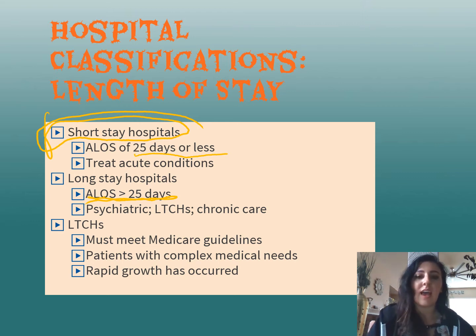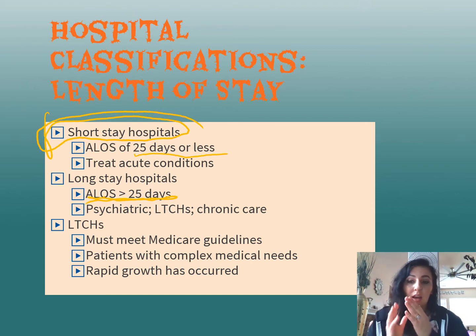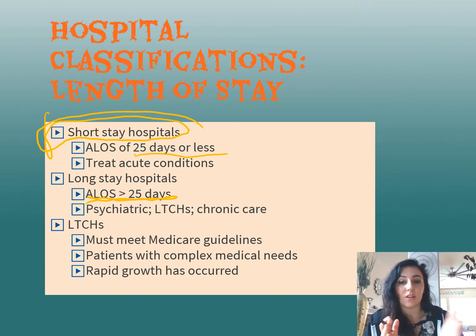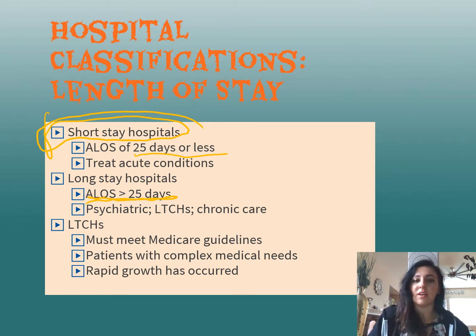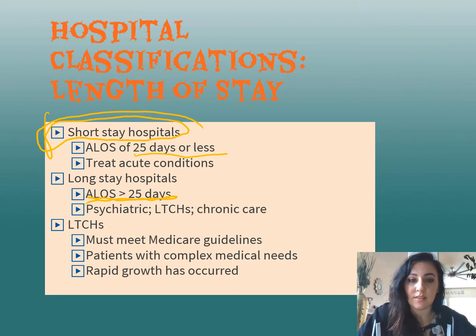And chronic care, even if it's intensive chronic care, is something that's going to be with you for a really long amount of time. So that, along with many long-term care services and psychiatric services, can all be done in a long stay hospital where you're going to stay and be cared for over 25 days.